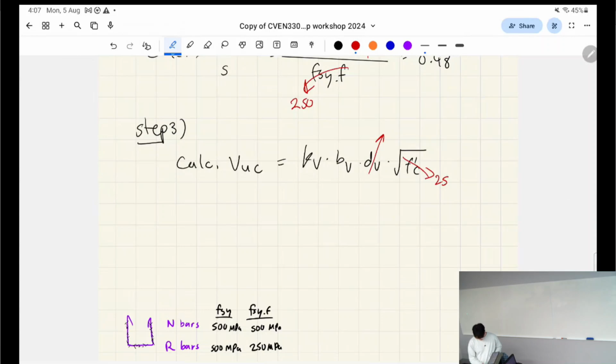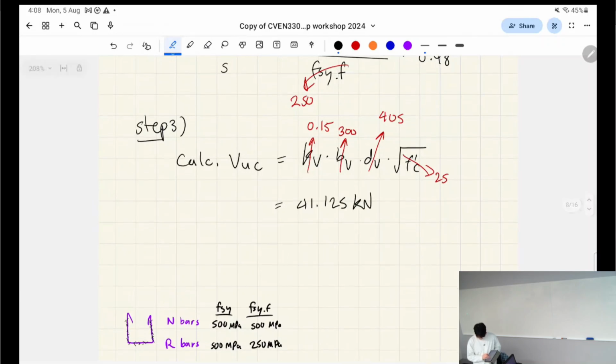This we've actually already calculated. It's the one which is the max between two numbers. When we do the web crushing check, it's actually already going to calculate a lot of these numbers, which we're going to see later on. You'll see KV, BV, and DV pop up. So once we do the web crushing check at the start, which is step 1, you just refer to these numbers again. So this was 41.125 kilonewtons.